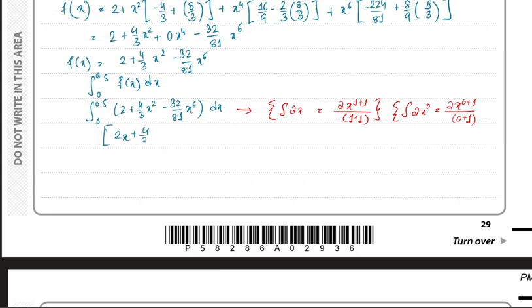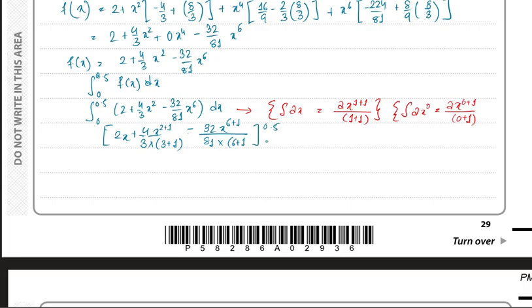Plus 4 by 3 x to the power 2 plus 1, and this would also be multiplied by the 3 that was there in our fraction, and 3 plus 1 due to integration, minus 32 by 81, and it's x to the power 6, so 6 plus 1, and multiplied by 6 plus 1.